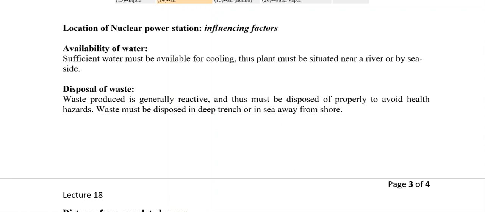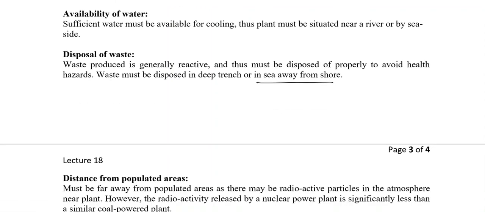Disposal of waste: the waste produced is generally reactive and thus must be disposed of properly to avoid health hazards. Waste must be disposed in a deep trench in the sea away from the shore. Normally this method, in the sea away from the shore, is employed nowadays.